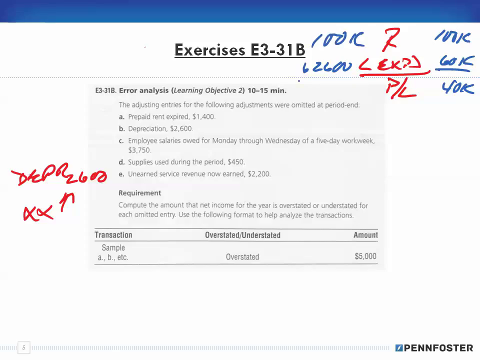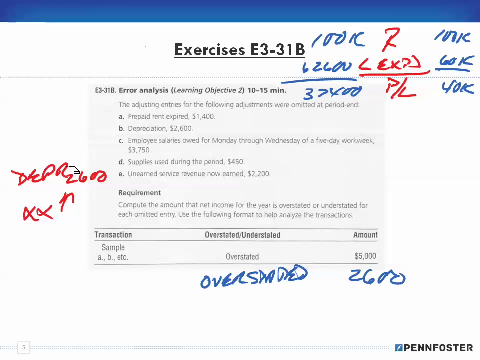So when I subtract that from 100,000, I end up with 37,400, which means what I had before is overstated. So for the depreciation for B, I'm overstated by the $2,600.